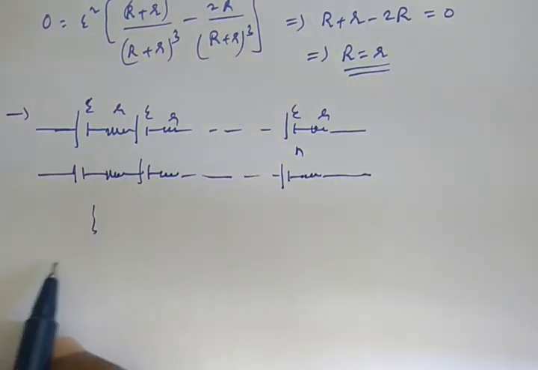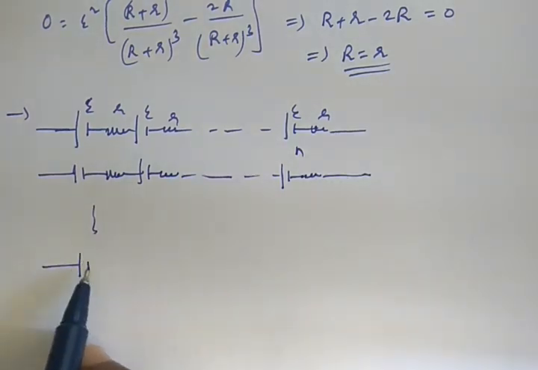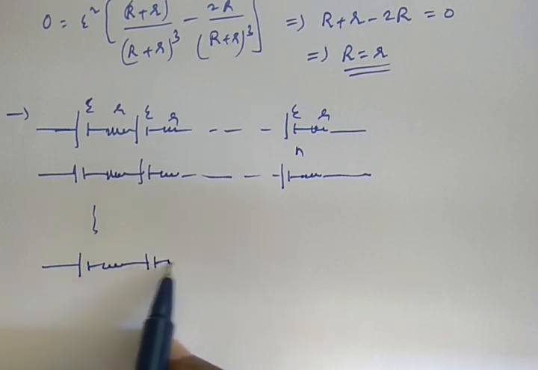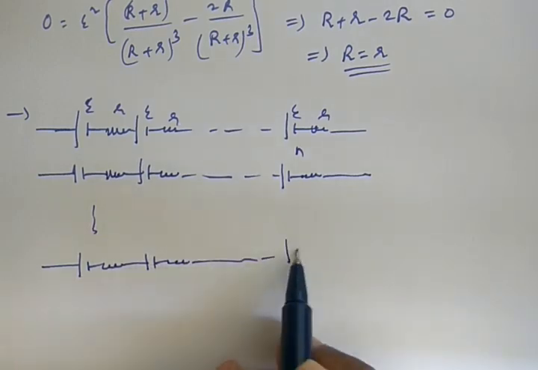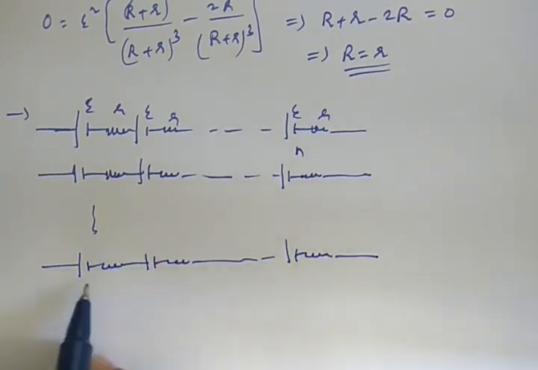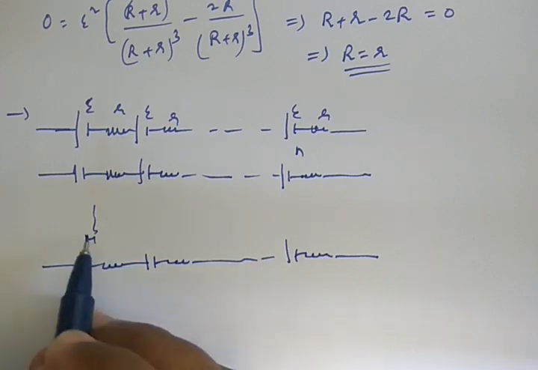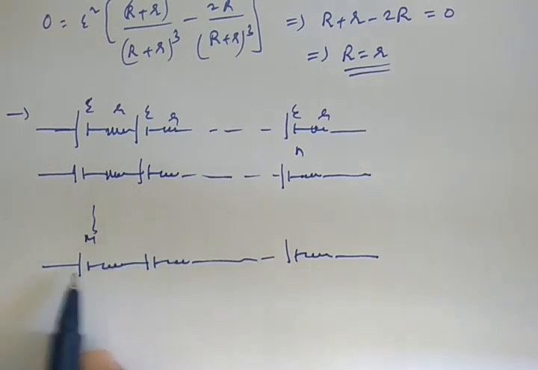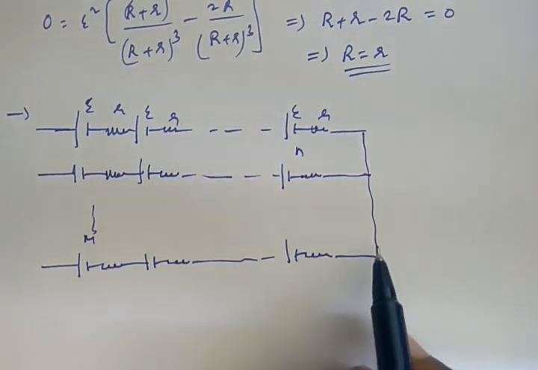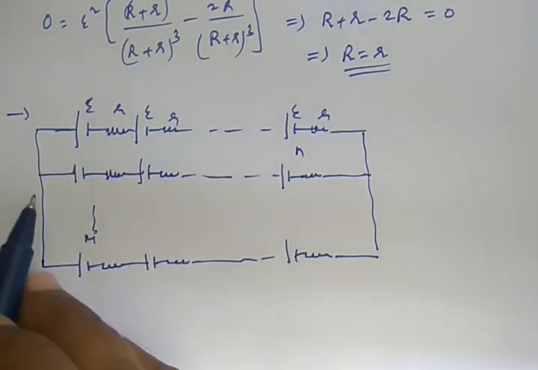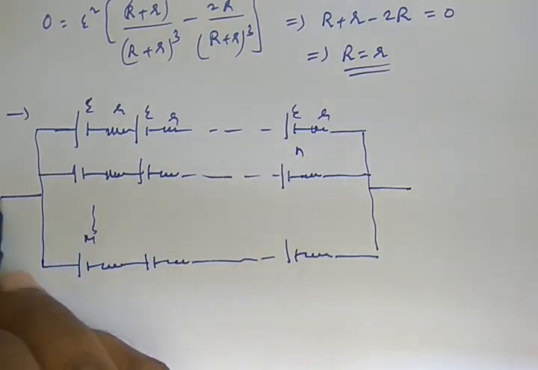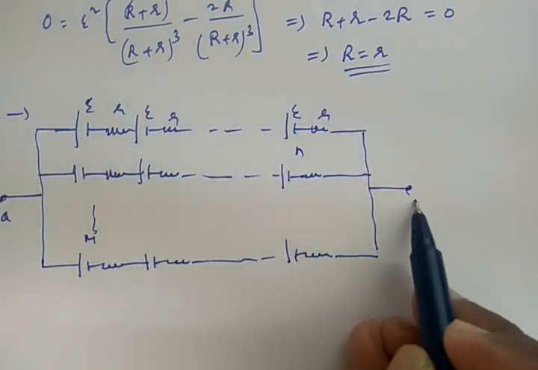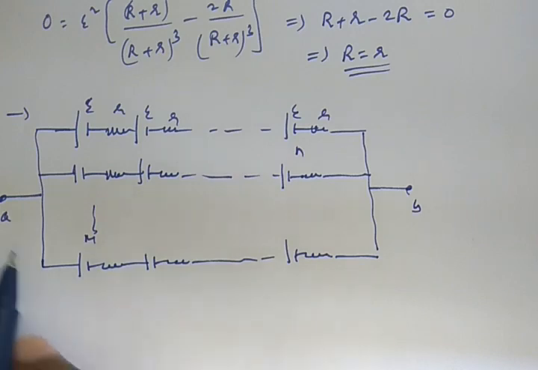This is the first series, second series and so on, up to the mth series. Then what is the effective EMF of this combination across A and B? So this is the question.